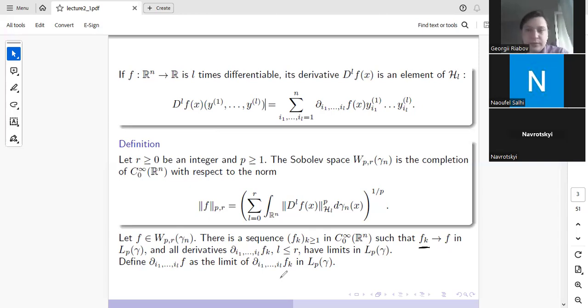And here we have to ask a question. We can take some other sequence that approximates f. Will we get the same limits for this approximating sequence? In other words, we need to prove that such a definition of the derivative of f is correct.